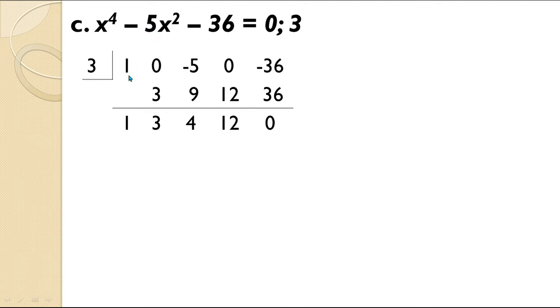So, first number is i-bring down. So, 1 times 3 ay 3, 0 plus 3 ay 3. 3 times 3 ay 9, negative 5 plus 9 ay positive 4. Positive 4 times 3 is positive 12, 0 plus 12 is 12. 12 times 3 is positive 36. Negative 36 plus positive 36 ay 0.